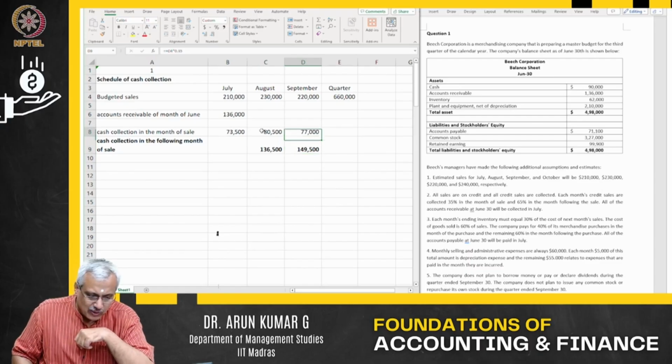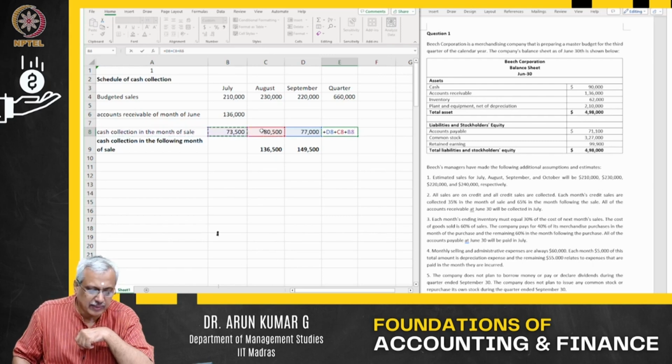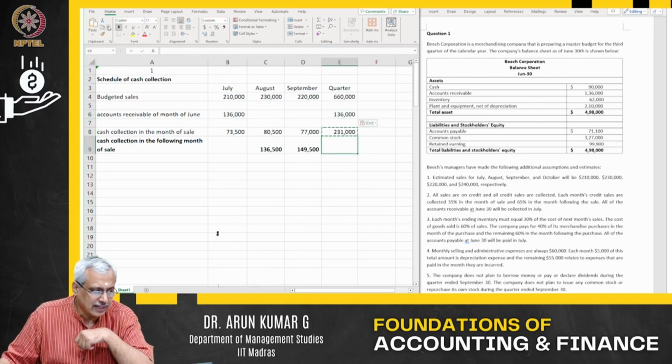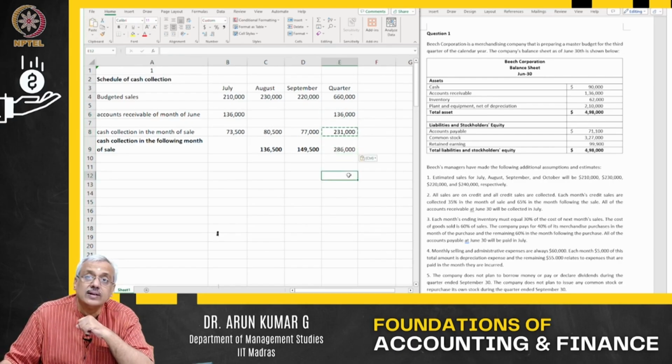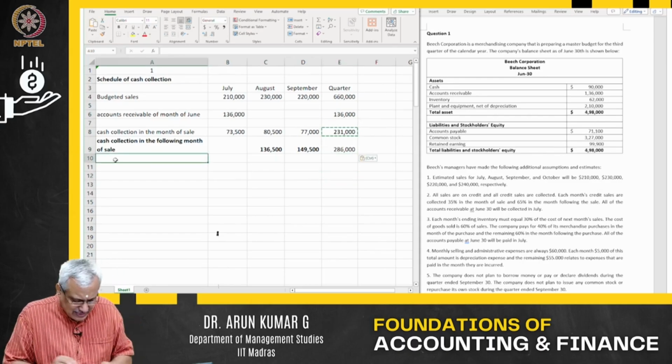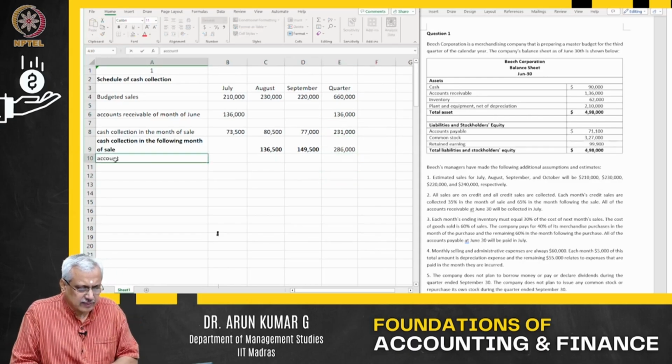So, what is the total collection I have had in the month of sale? This is the total collection I have, and then I am just going to copy this out here because I need to know the total cash collection. Now, what is the accounts receivable at the end of the quarter?